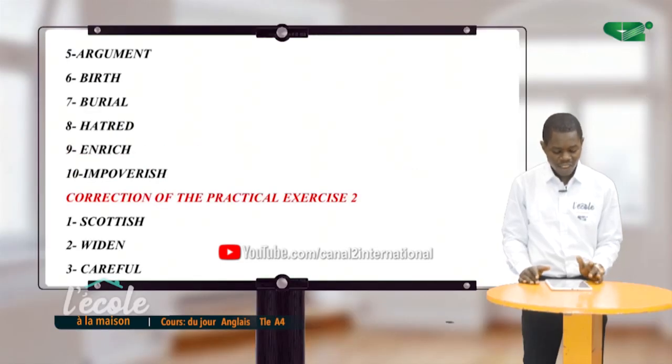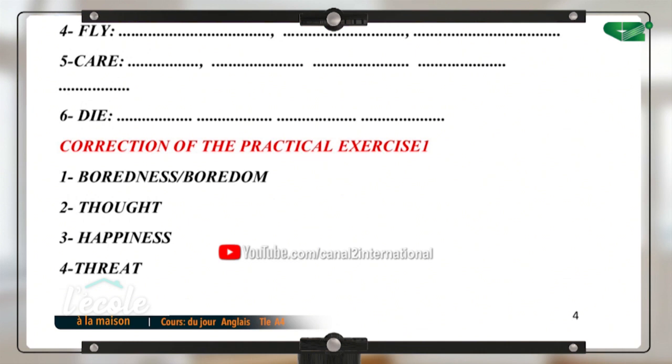I spell it T-H-R-E-A-T. Threat. Now, we can use a threat for a menace, if you like. Cholera is a serious threat. Cholera is a serious menace to our health.